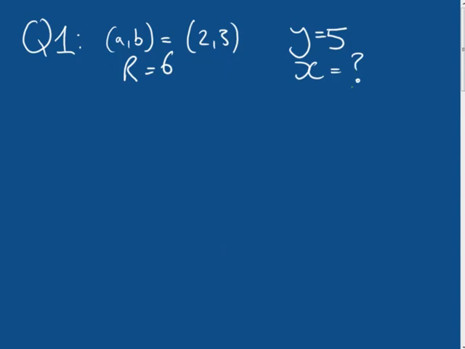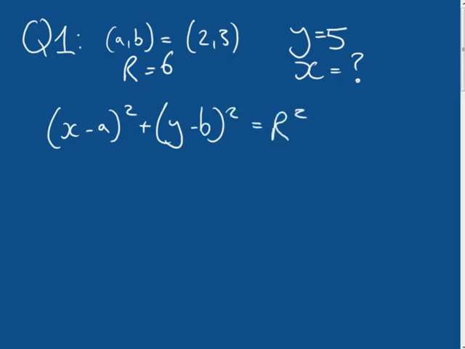So what we're going to do is we're going to apply our new equation and put all of this information into that equation. So our new equation was (x minus a) squared plus (y minus b) squared is equal to r squared, and we need to rearrange this equation to solve for x. That should be something we're quite familiar with by now. So the first thing I'd like to do is get rid of this y term of the equation.